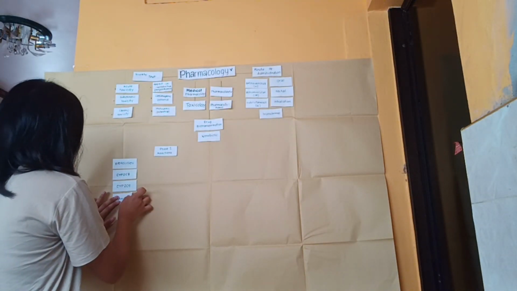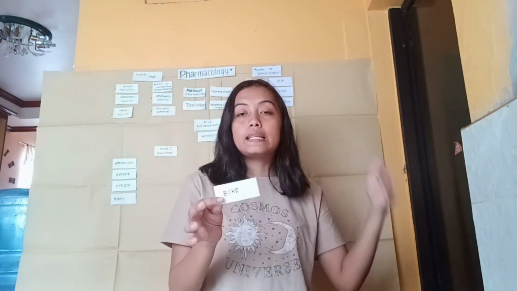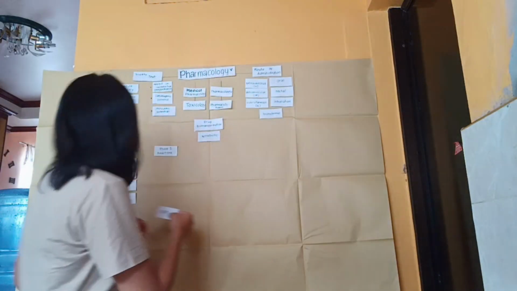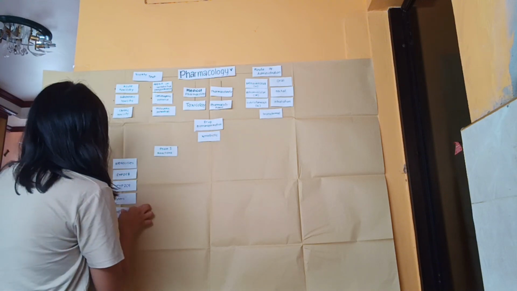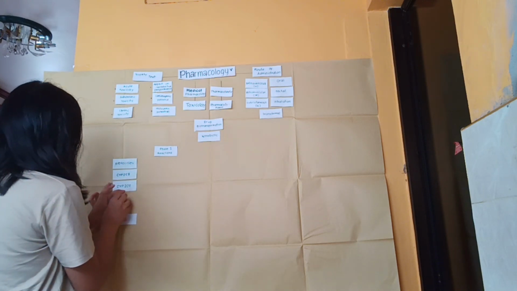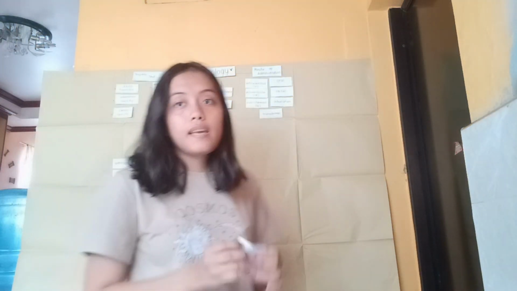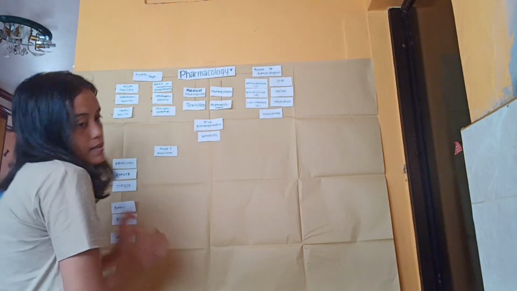Under esters we have BCHE, which is the enzyme involved in the genetic polymorphism. And lastly, which undergo hydrolysis are the amides. So since we are done with hydrolysis, we're done with the H.